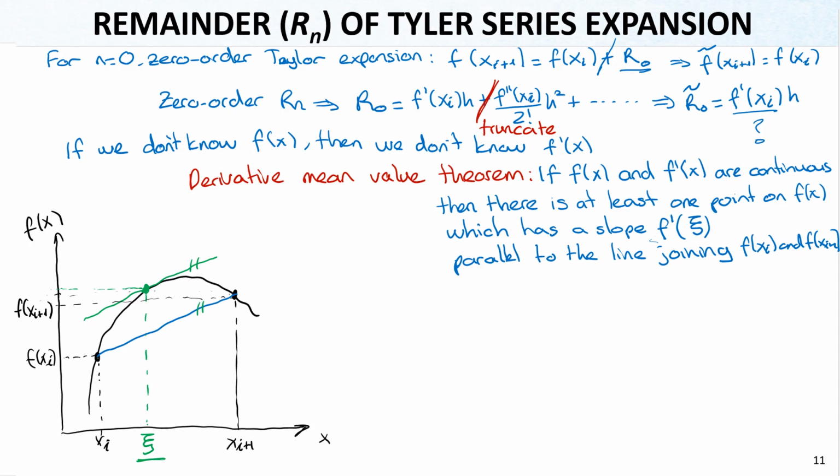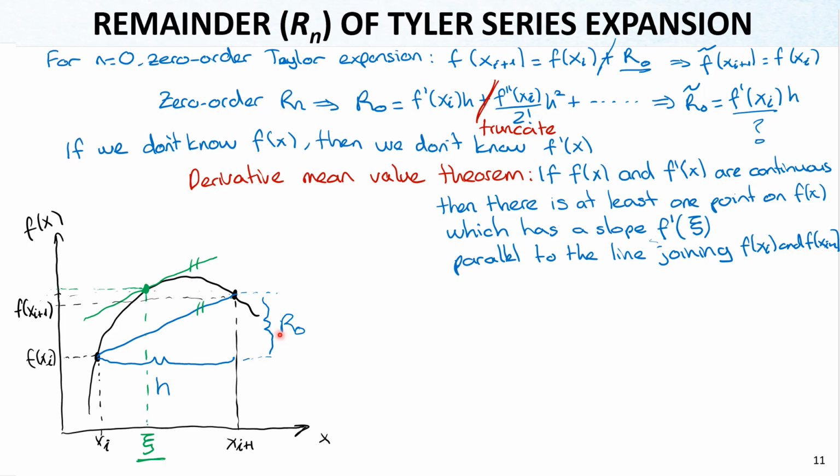And over here, this distance here is h, the step size between x_{i+1} and x_i, and also there is this distance, and this distance is between f(x_{i+1}) and f(x_i), so the difference of these, and this basically gives us the R0 value.